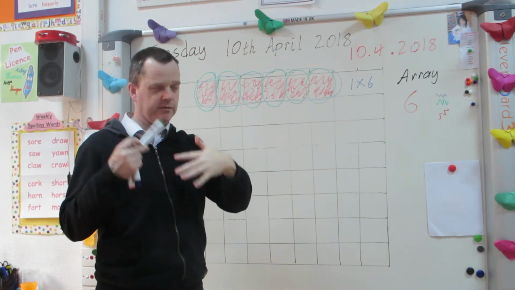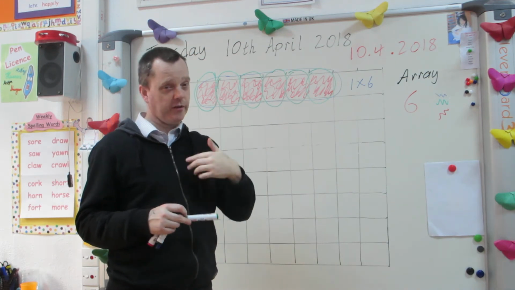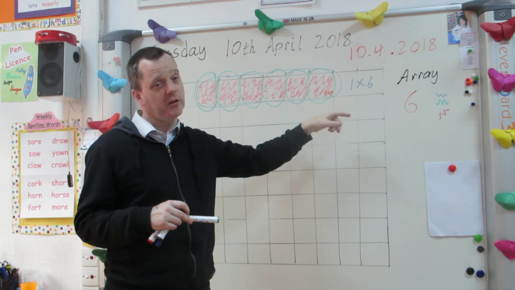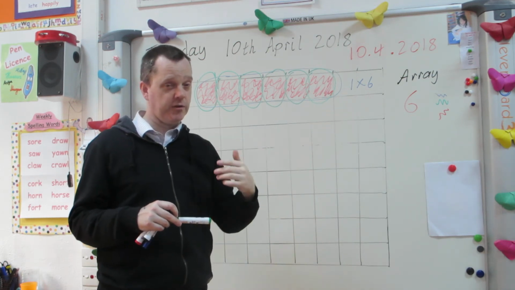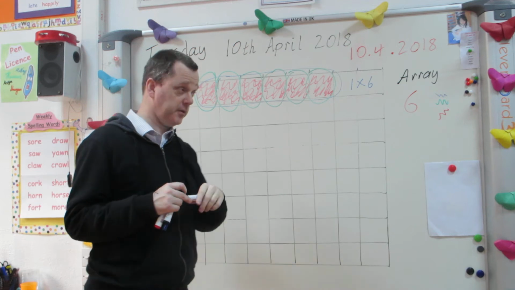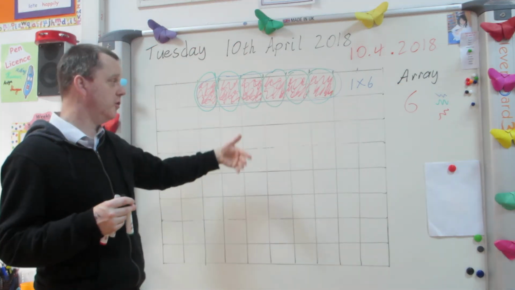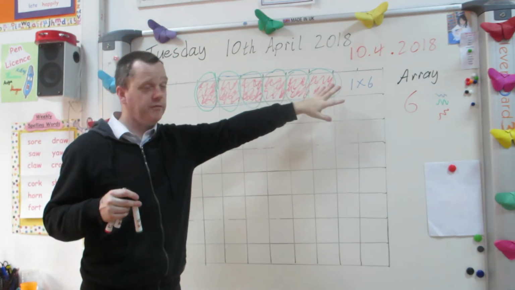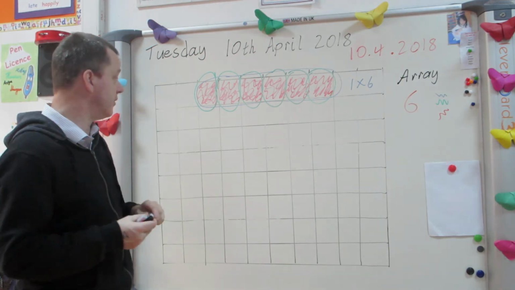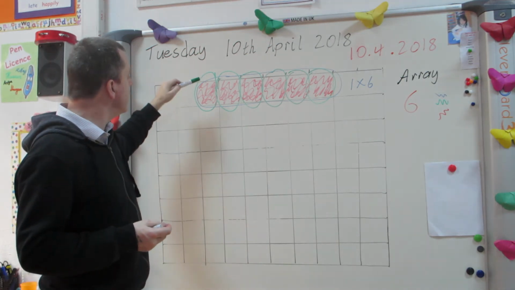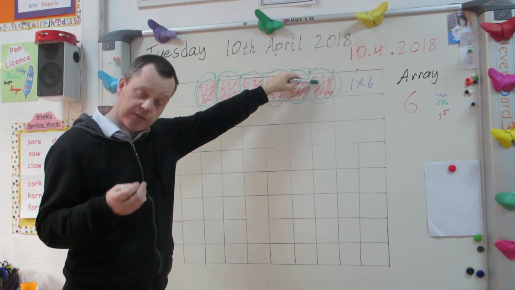In English and maths, it's called using the inverse. You can use inverse for addition and multiplication, but not for subtraction and division. Try it at home, see what happens. But for multiplication and addition, you can turn the two numbers and you still get the same answer. So this time it's 1, 2, 3, 4, 5, 6.